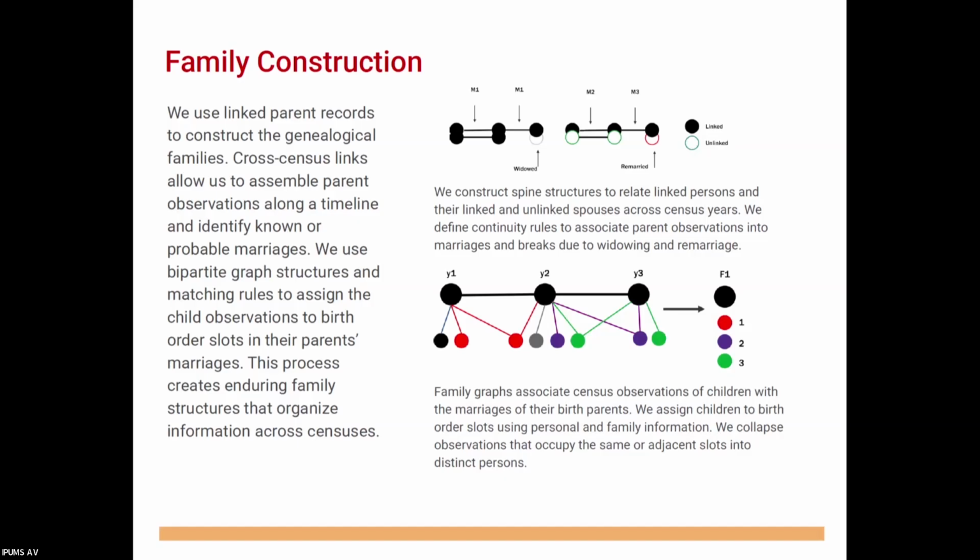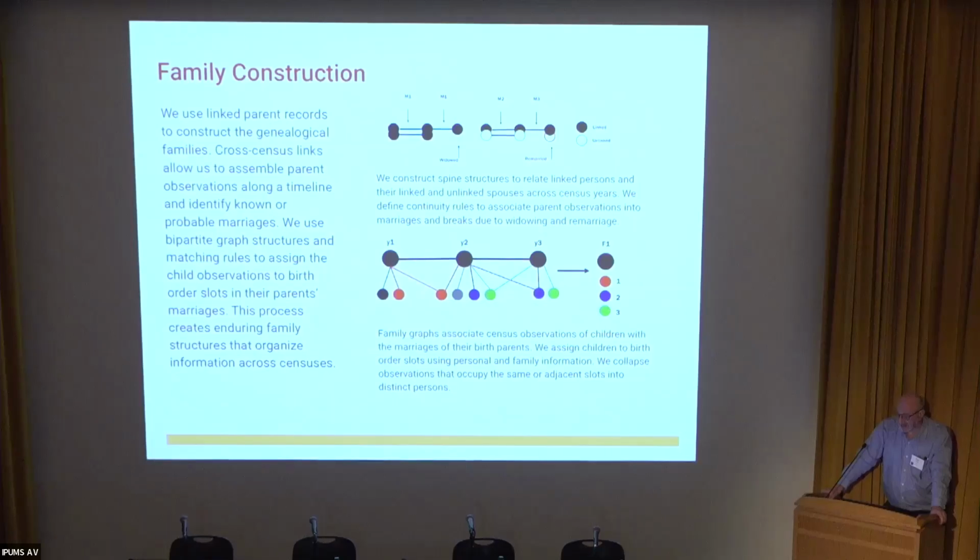And as you can see, it's a graph process, the purpose of which is to define a birth order structure, and then to relate the observations to that structure. And if you have a case, as is seen in the colors, where two different observations seem to fall into the same birth order slot, you can infer that they're really the same person.